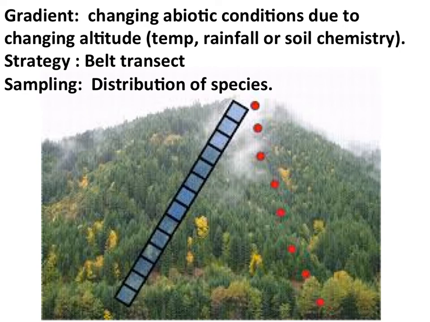With a mountain or a change in altitude, we have a gradient of temperature or rainfall or soil chemistry or all three. A transect line, or in this case a belt transect, could be used to assess the change in biotic and abiotic factors along the gradient.